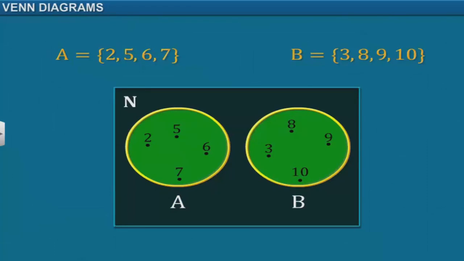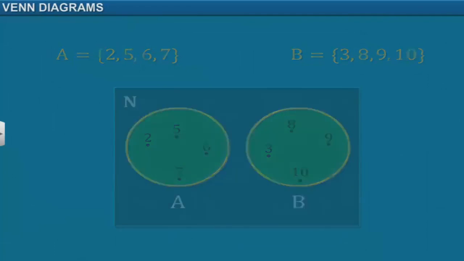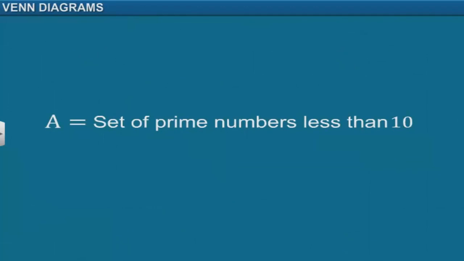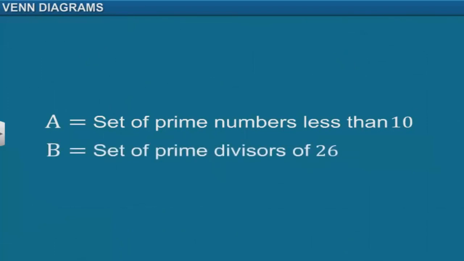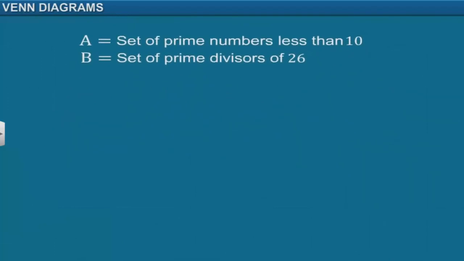Sometimes, we may need to represent 2 or more sets having common elements using Venn diagrams. For example, A is the set of prime numbers less than 10, and B is the set of prime divisors of 26. The collection of elements of sets A and B are as shown.